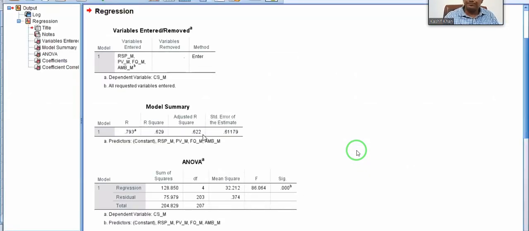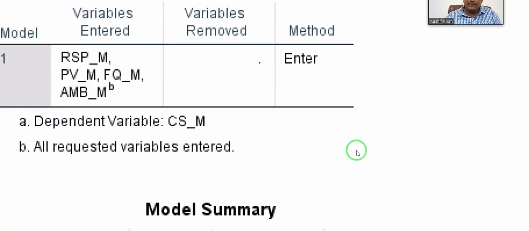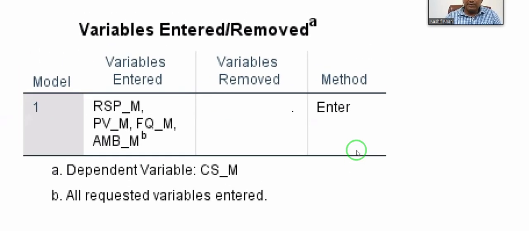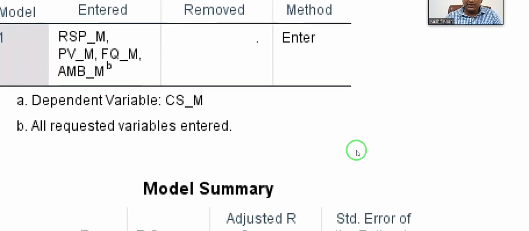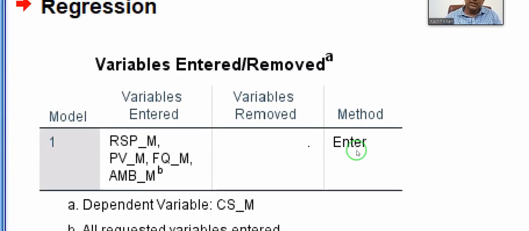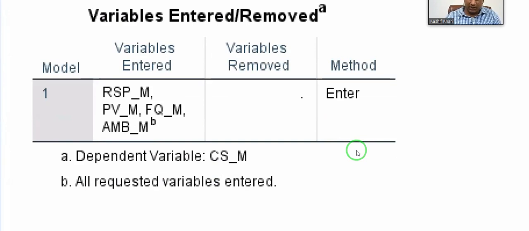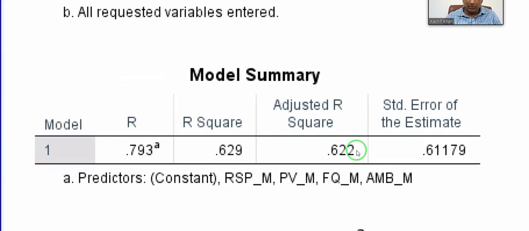Here, number one, we see the dependent variable. Whenever we run any analysis, SPSS shows us what it has run: the variables, the method, which one is dependent, and so on.